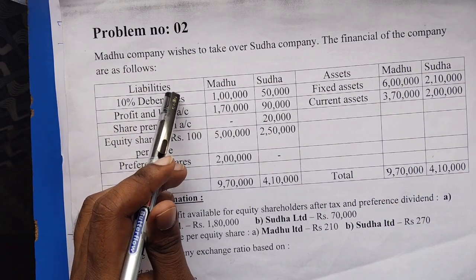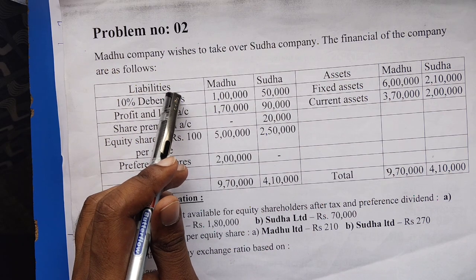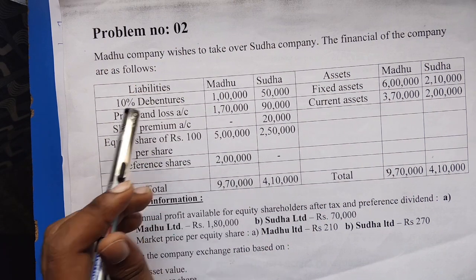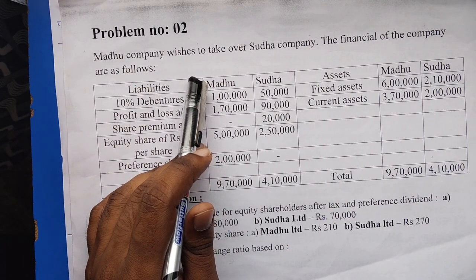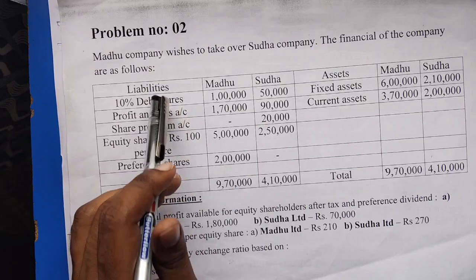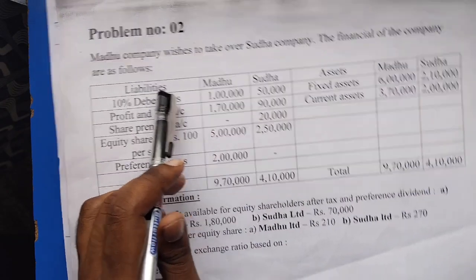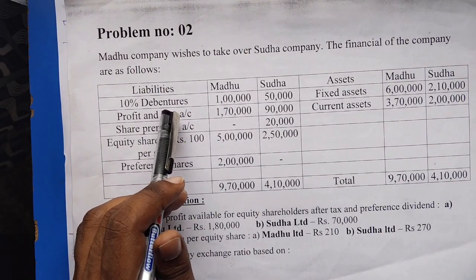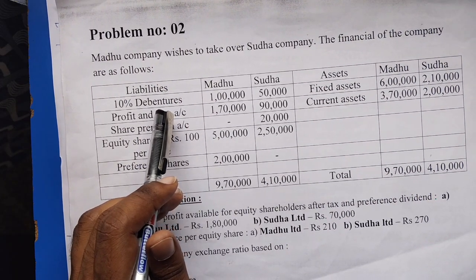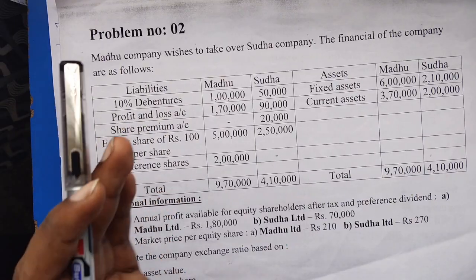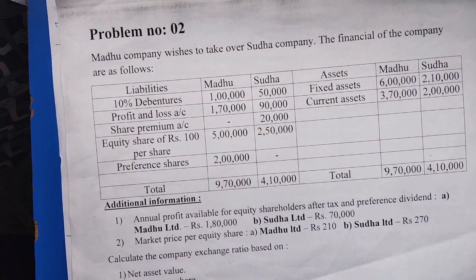After completion of one year, or at the end of the financial year, we need to pay 10% interest to our lender. Whatever may happen in business, whether it's in profit or in loss, we need to pay the interest. That's why it's an obligation. Next, the profit and loss account is earnings available for the equity shareholders, whether it is profit or loss, it belongs to the shareholders.